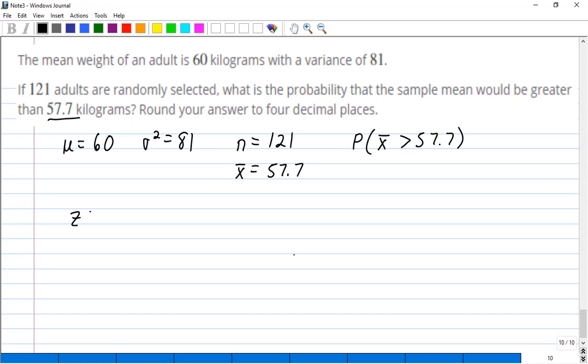So z equals, our x is going to be 57.7 minus mu over, all right, I need the standard deviation. So that's sigma, the square root of 81 is 9. So that's 9 over the square root of n. n was a sample size of 121.